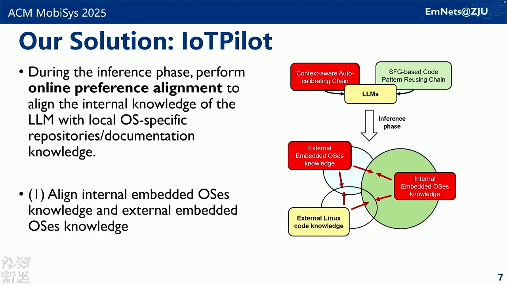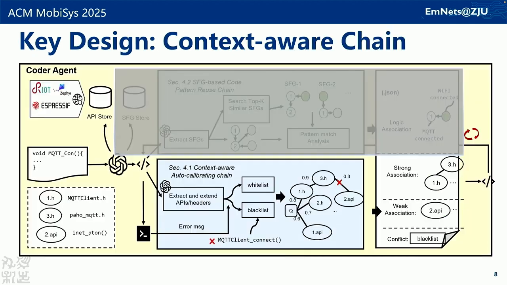Firstly, we introduce the context-aware auto-calibrating chain to align LLM internal OS knowledge with external embedded OS knowledge. The foundation workflow of IoTPilot is similar to existing methods. First, we collect code wrappers and API documentation from the embedded OS and establish a vector database.